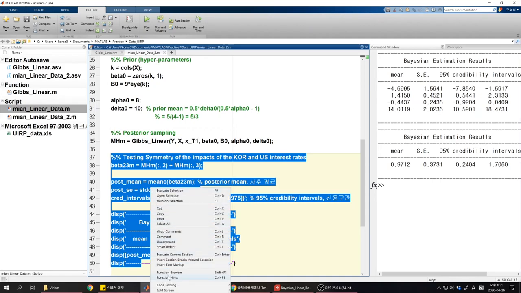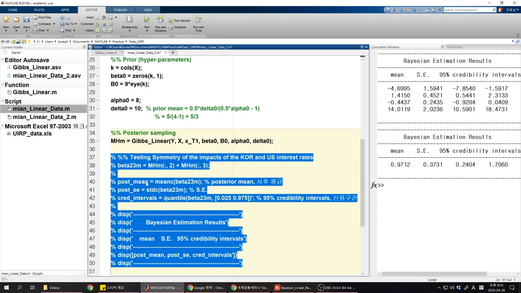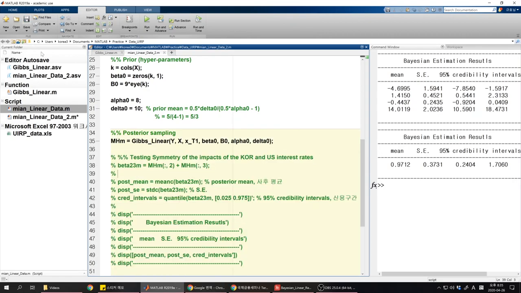Insert comments, where is it? Comments. Yeah, or Control R. Oh, sorry, I forgot to put one more output, y_t1m. Okay, and then I'm going to run this again.